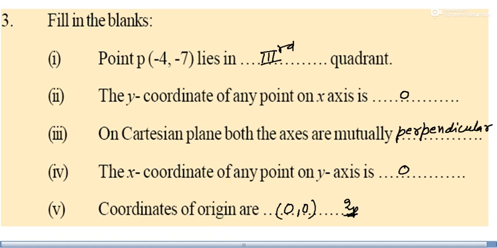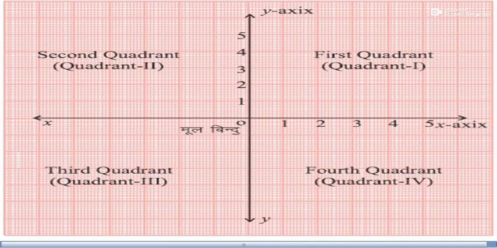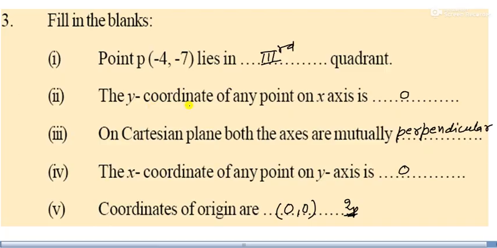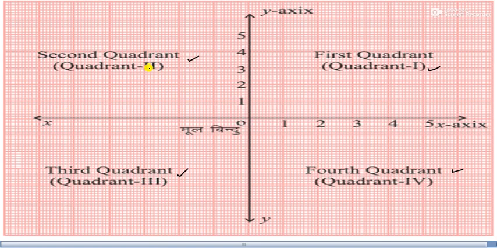Now come to the next one. What is the next one? So you have to see here, it is a quadrant. So first quadrant, it is your second quadrant, and it is your third quadrant, and it is your fourth quadrant. How can you see? You can see here (-4, -7). -4 is -1, -2, -3, and -4 and -5, and here is -1, -2, -3, -4, and -5.